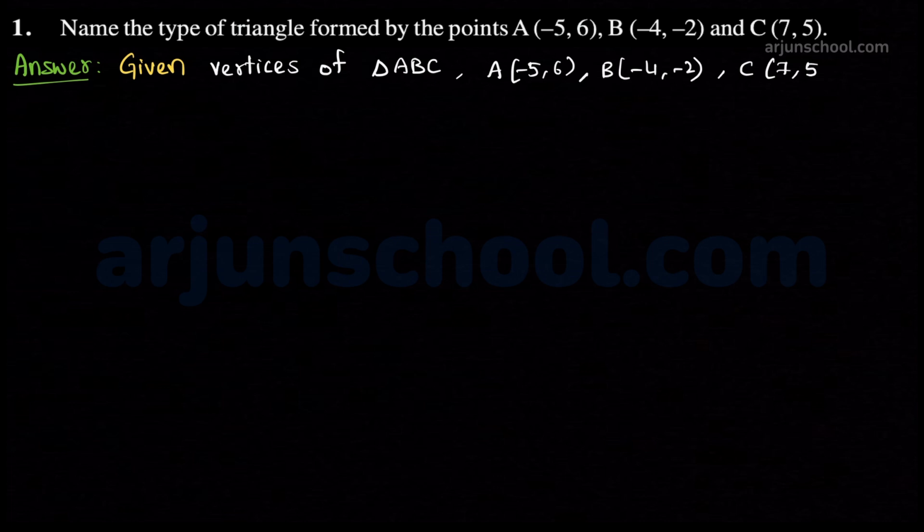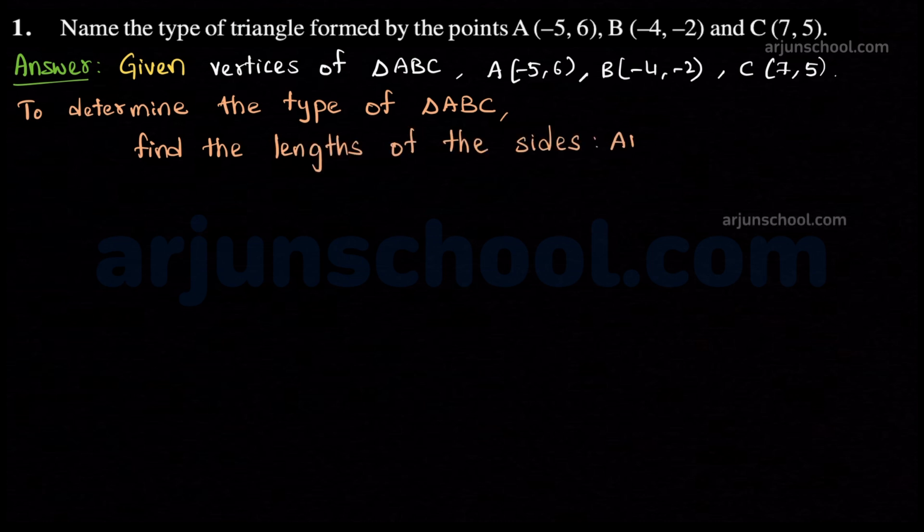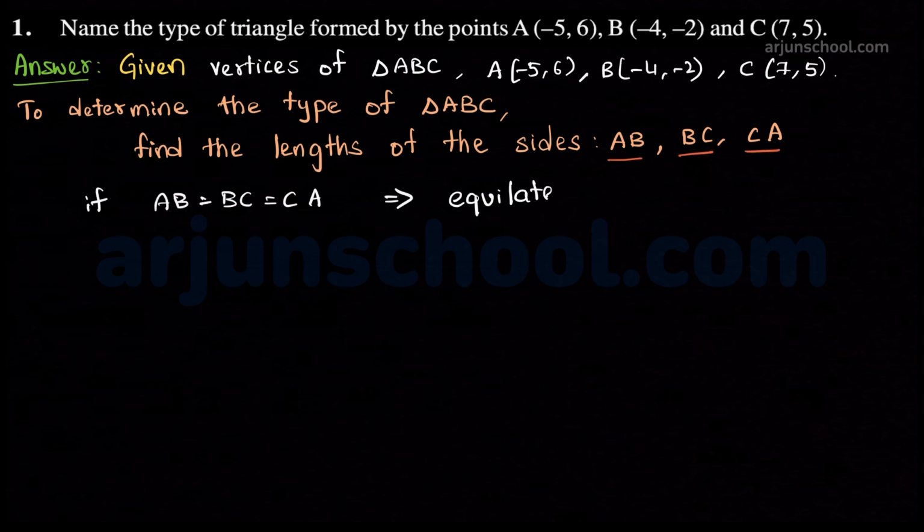We are given vertices of triangle ABC: A(-5, 6), B(-4, -2), C(7, 5). To determine the type of the triangle ABC, first we shall find the lengths of all the 3 sides, AB, BC and CA. If all the 3 sides are equal in length, then it is an equilateral triangle.